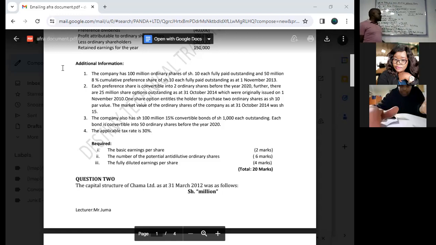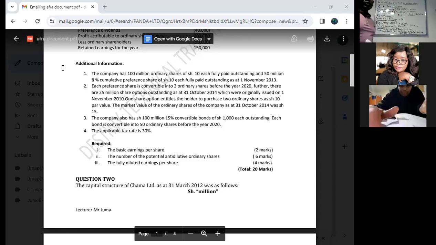How do we tell it is anti-dilutive? It is giving us more profit than shares. So if the denominator is less, the resultant figure will not decrease, it will go up. And whatever increases EPS is anti-dilutive. So that is how you tell.